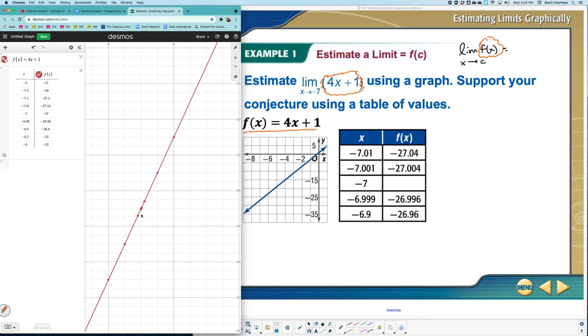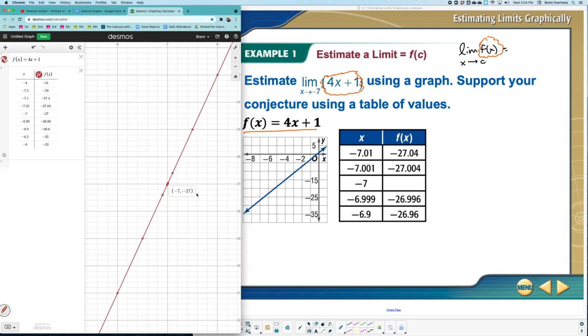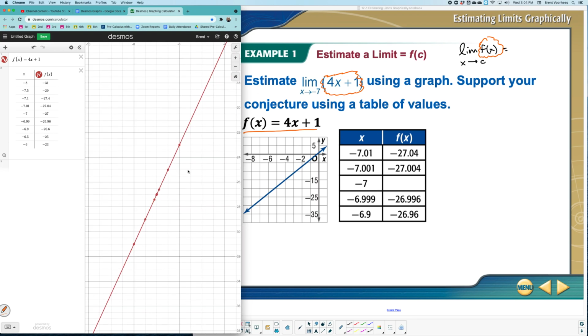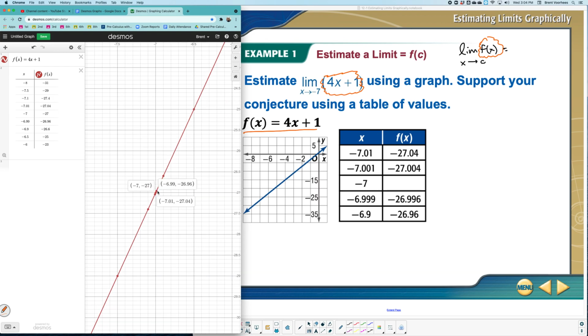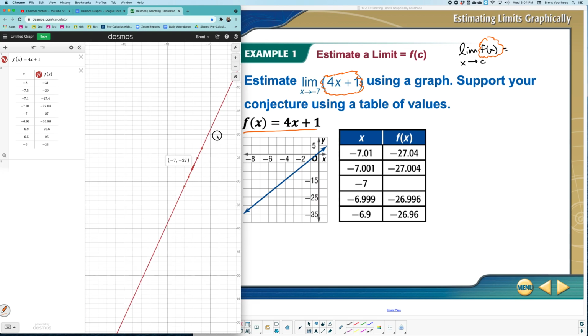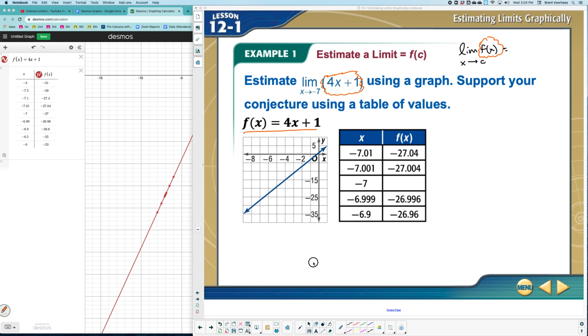Maybe if I zoomed in here, you could see these values. Oh, there it is. Now I'll zoom back out. Well, that didn't work. One more time. Well, that doesn't seem to be working, but you can see as we get closer and closer, it's approaching -27. And so that would be our solution to this limit.